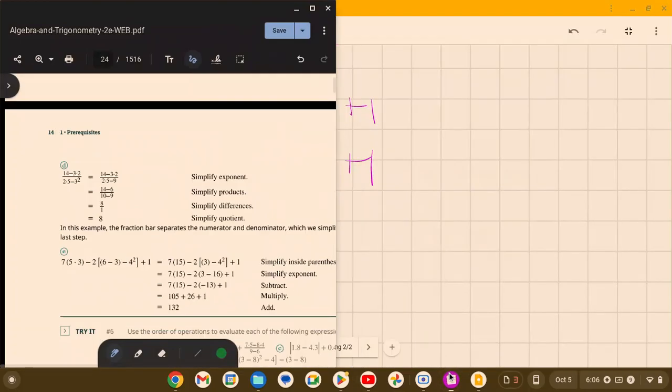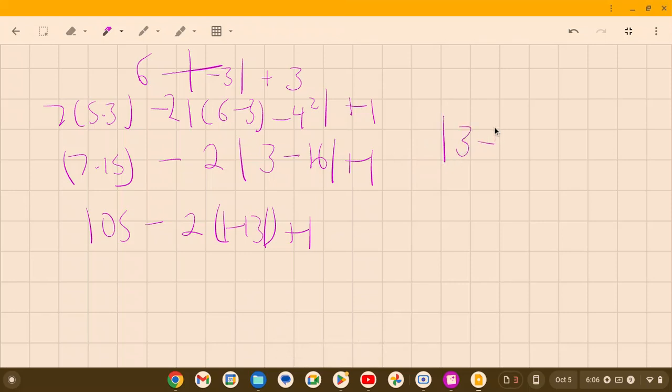Oops. Yep, there's our problem. You forgot the absolute value. So once you do just this part, 3 minus 4 squared, 3 minus 16 equals negative 13.